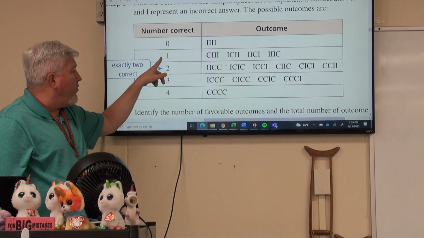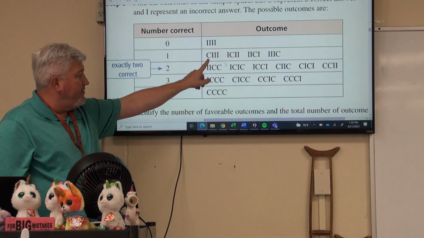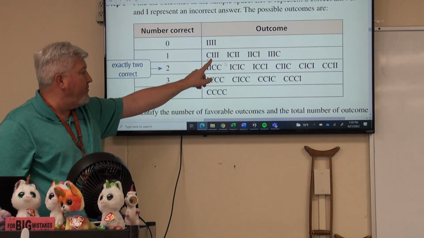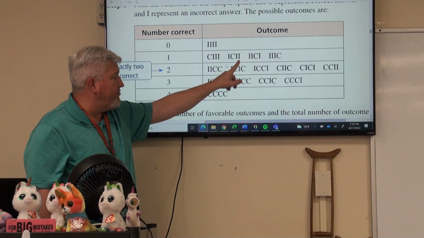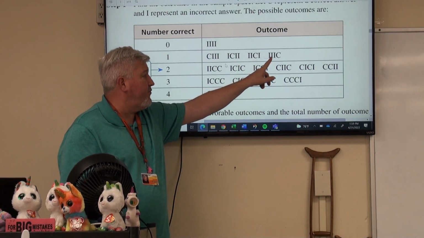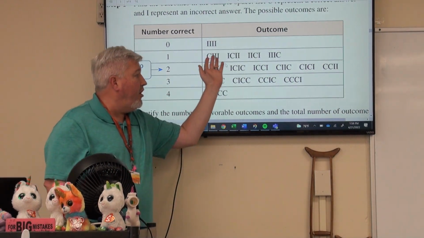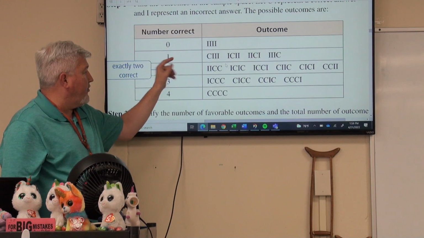Then if he got 1 right, here's what possible options that could look like. He got the first one correct and then missed the next 3. He missed the first one, got the next one correct and missed the last 2. He missed the first 2, got the third one, missed the last one, or he missed the first 3 and got the last one. Those are all 4 possible chances to give you just 1 correct answer.